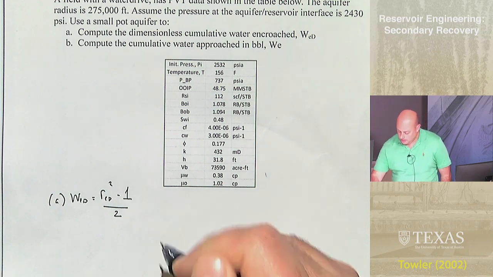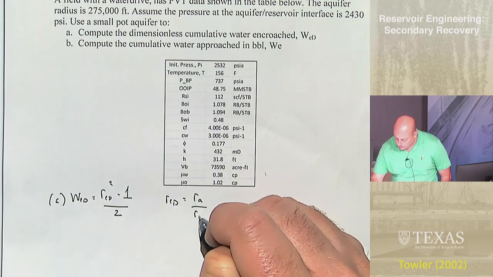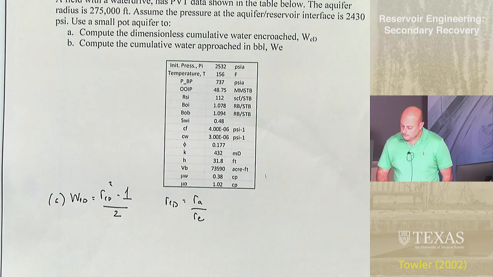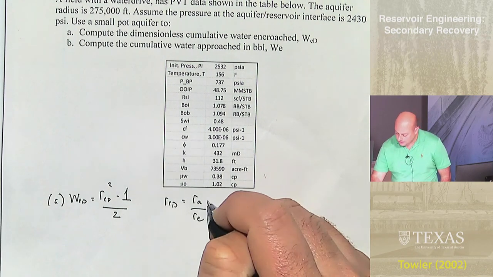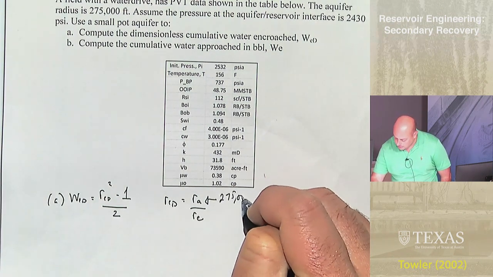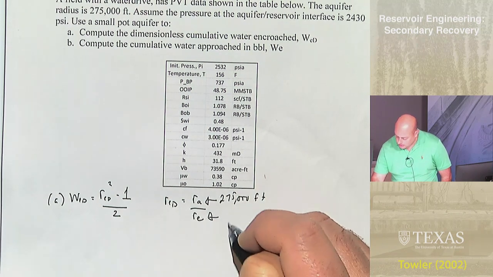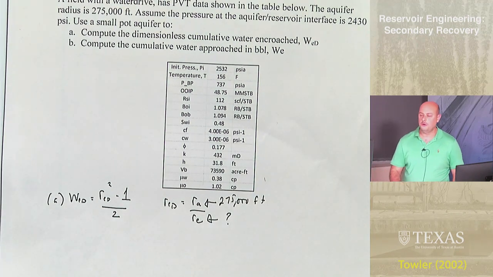And RED is equal to RA over RE. Well, RA is given, that's 275,000 feet, but I don't know RE, that's the radius of the reservoir.